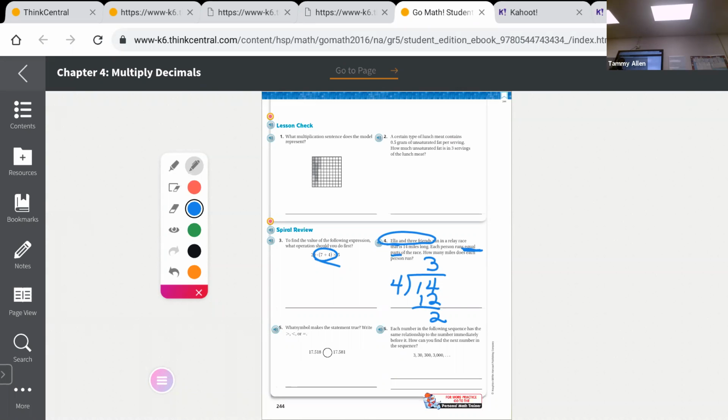What do I do with my remainder here? Throw it out. We don't need it. So everybody runs 3 miles? No? Mallory says no? What do you think, Mallory?